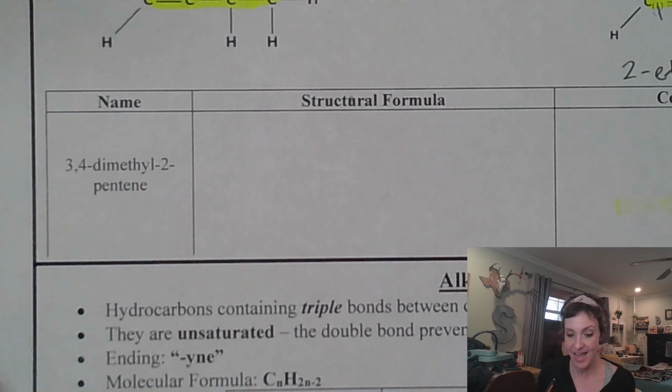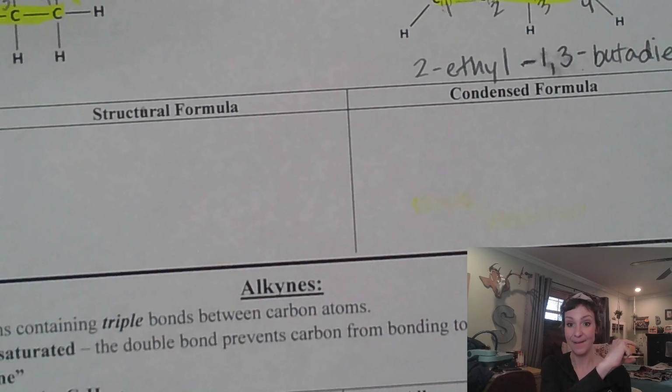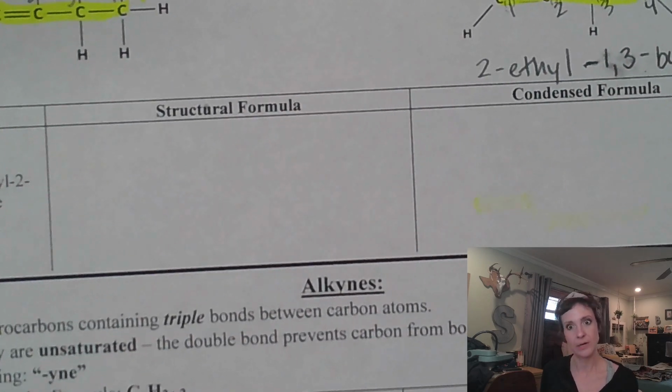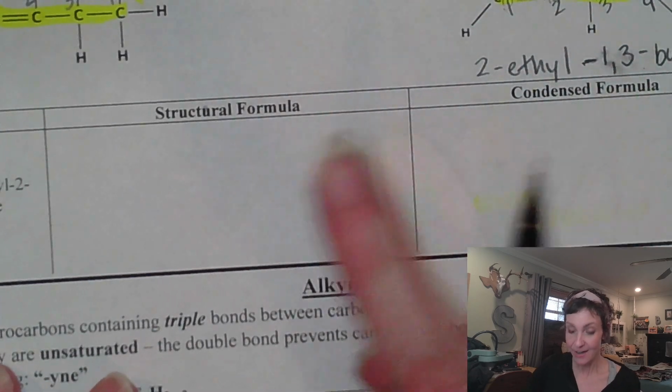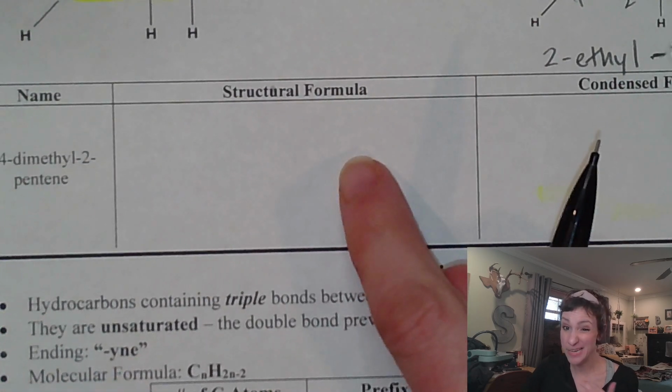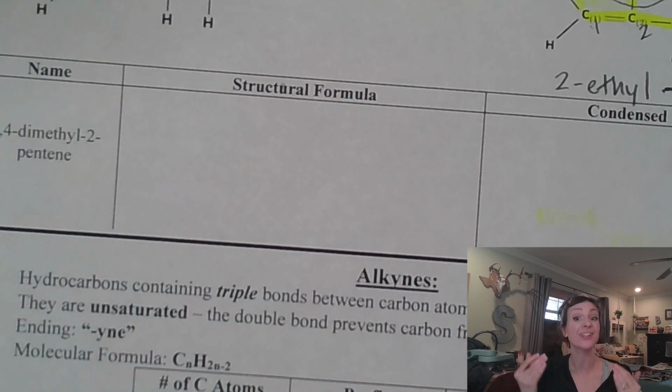And then we're going to condense it down to one line of the hydrocarbon with the information indicated in there, without branching up and down. Okay, y'all are like, we know, move on. Well, maybe you've forgotten, so let's remind ourselves. The interesting thing here is that because of that double bond, it's maybe going to affect how many hydrogens we have to fill in, and we'll get there when we get there.